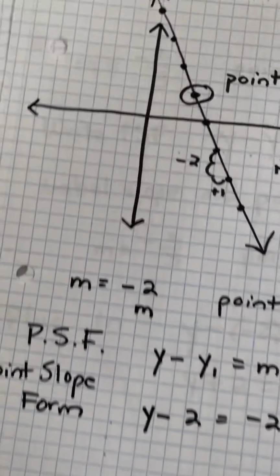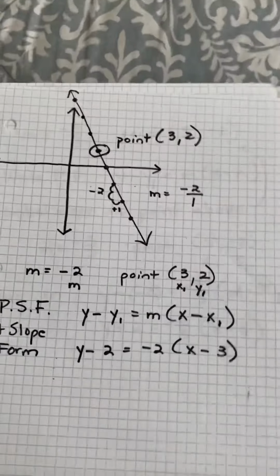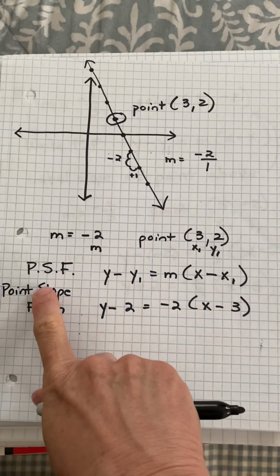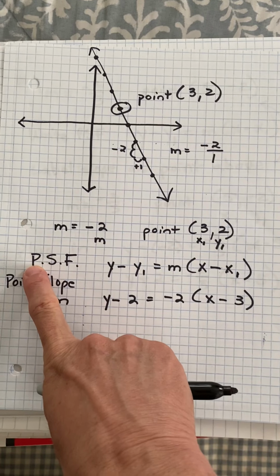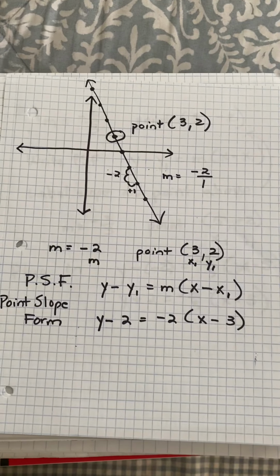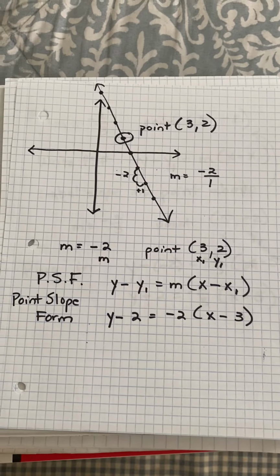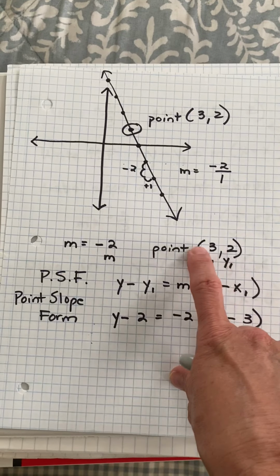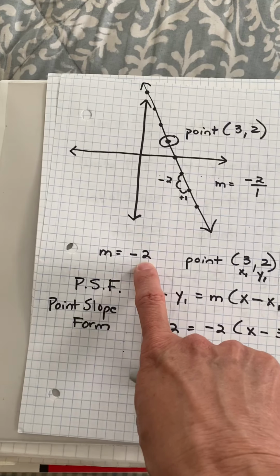Now, I'm going to introduce you to another form, called point-slope form. I often abbreviate point-slope form as PSF. Point-slope form we use when you're given a point and a slope.